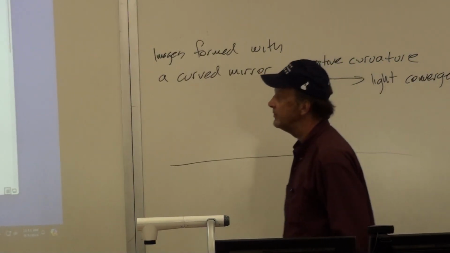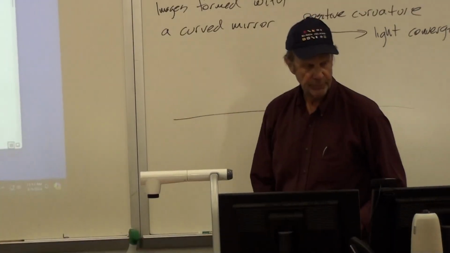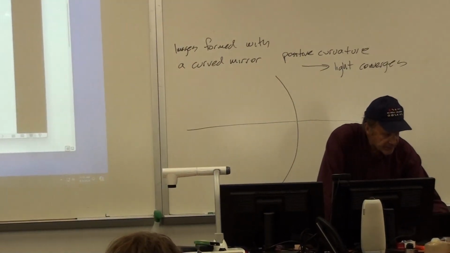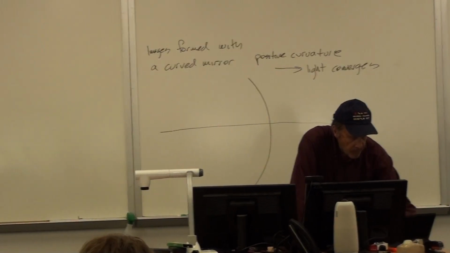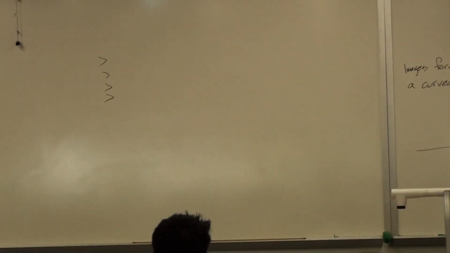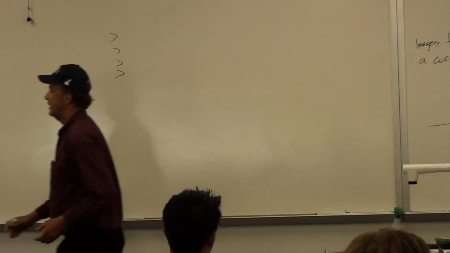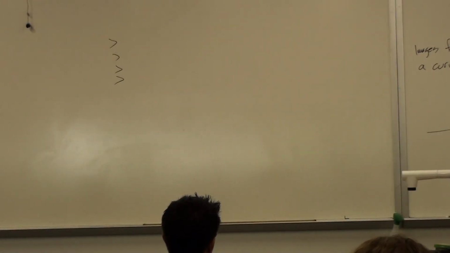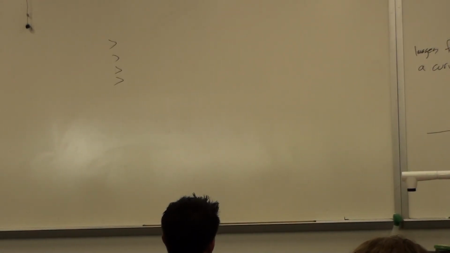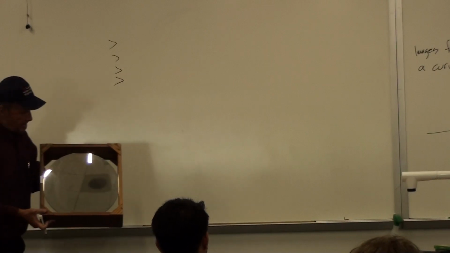If you have a negative curvature, we'll see that that corresponds to light rays diverging. And so let's take a look at a positive mirror here, a big one.